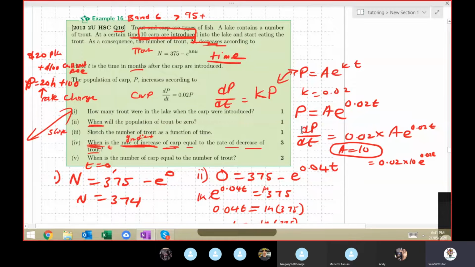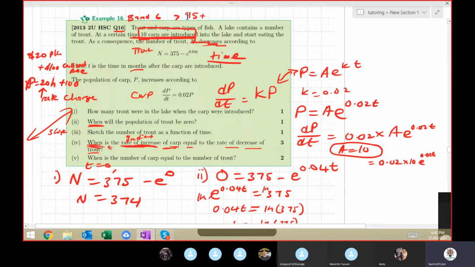So dP on dt becomes 0.02 times P, with A as 10 in P. And yeah, you end up with this particular result. So the hardest bit of this would have been knowing what P is, and then knowing that k is 0.02 and that A is 10.